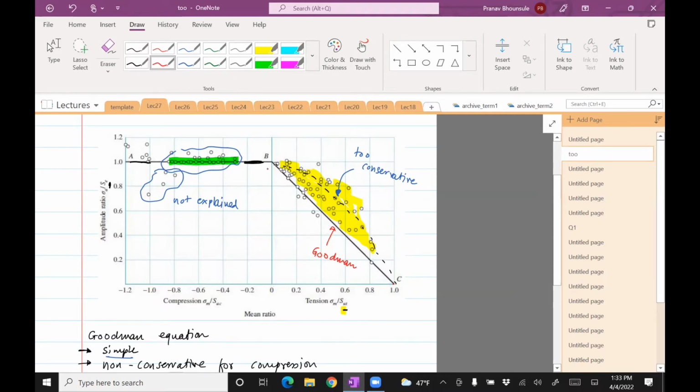SY is not shown here, so I don't know. If SY was here, it'll just join SE to SY. You can see that if you go anywhere down, you're going to be super conservative. So if you want a very conservative design, then you want to go for the Soderberg line.